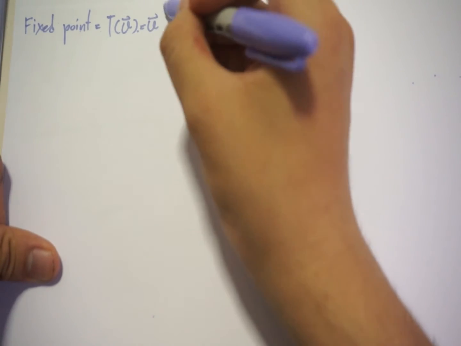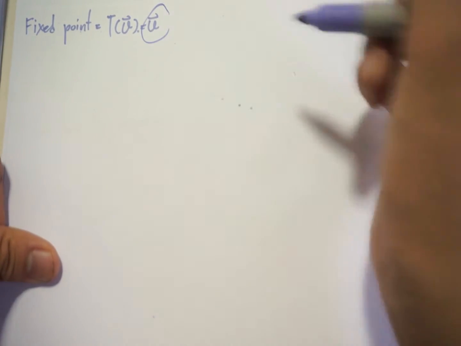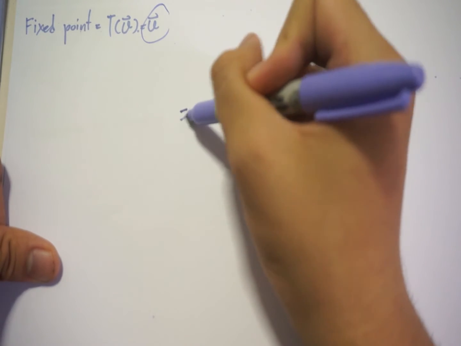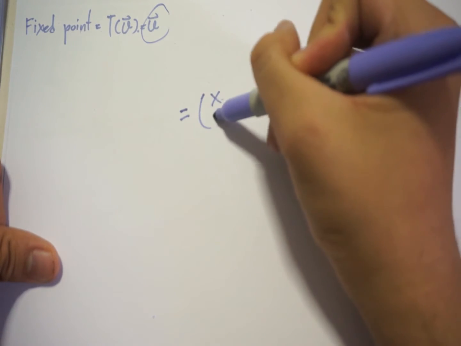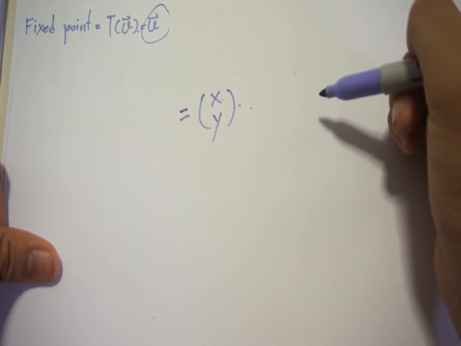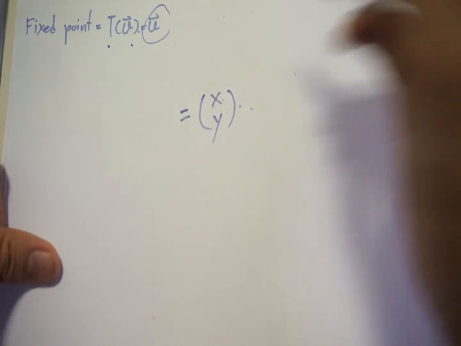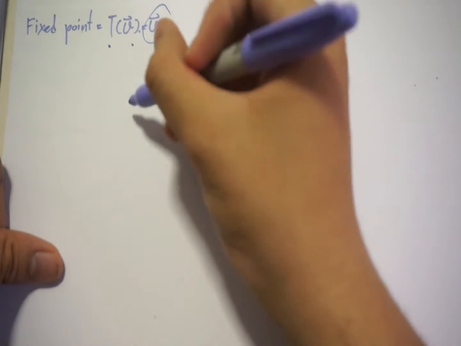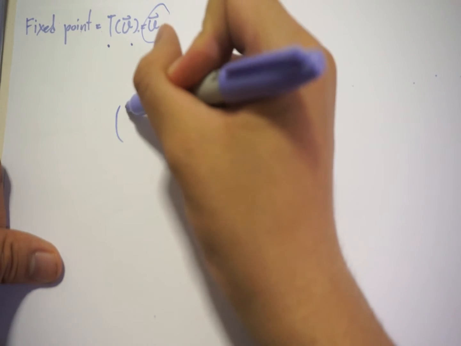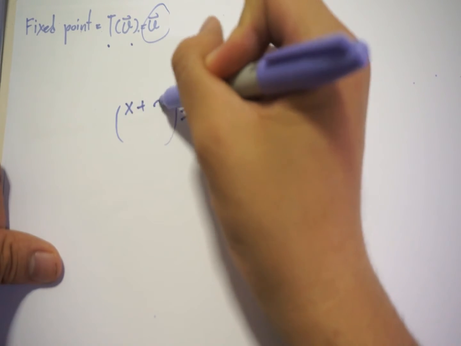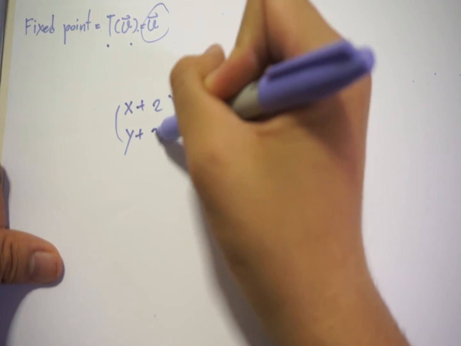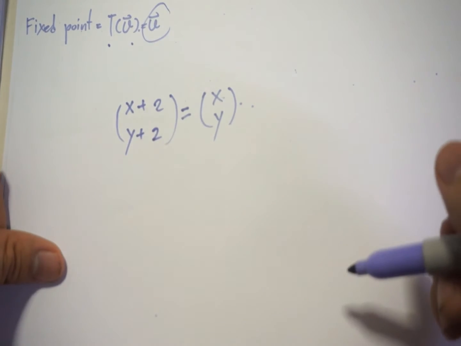So in U, we're going to use the general form, which is x and y, like this. And in the transformation of U, we can use the general form that we got, which is x plus 2 and y plus 2, and then compare them.